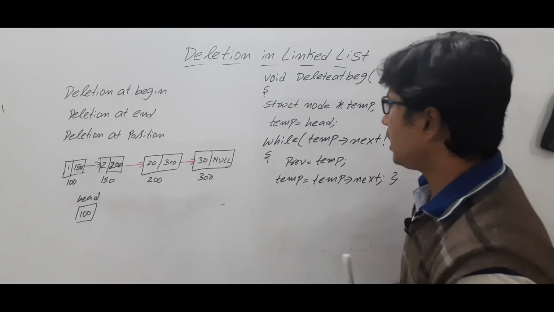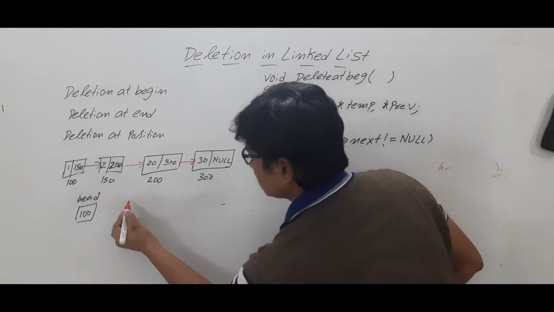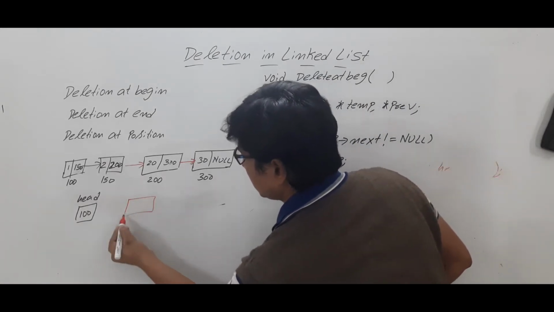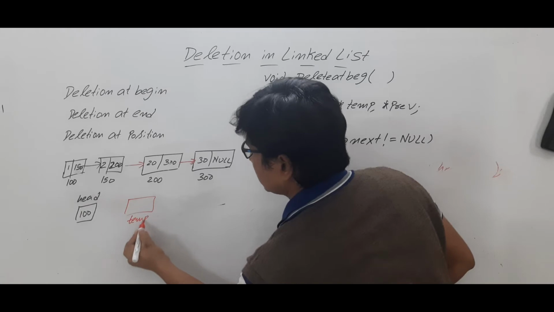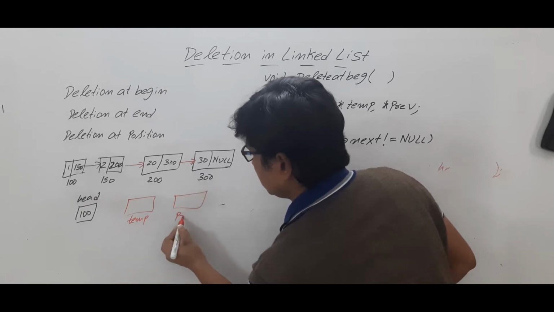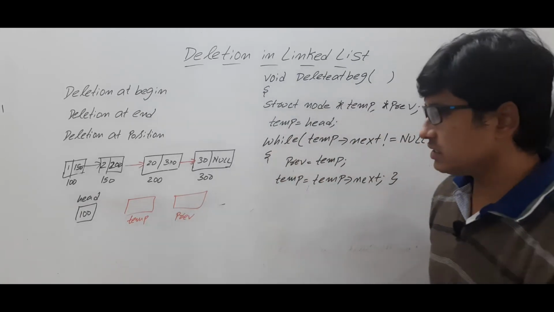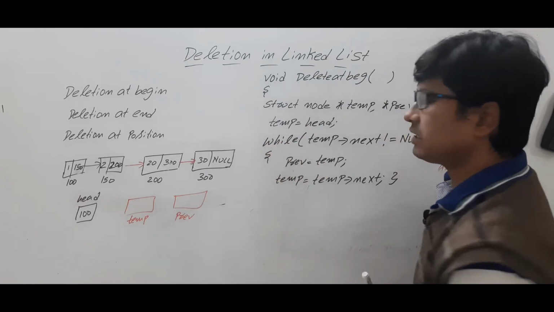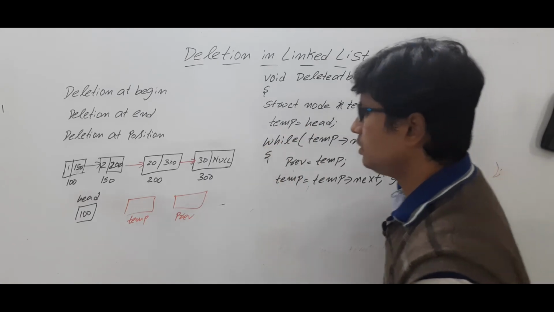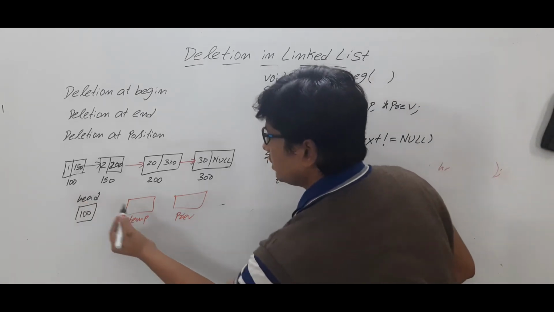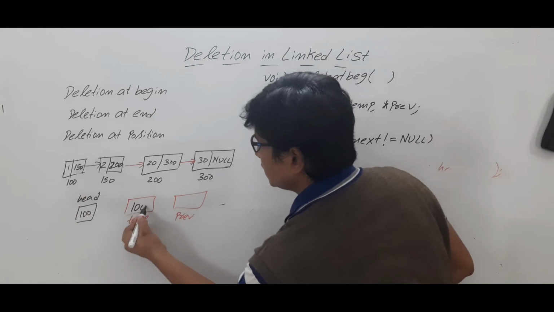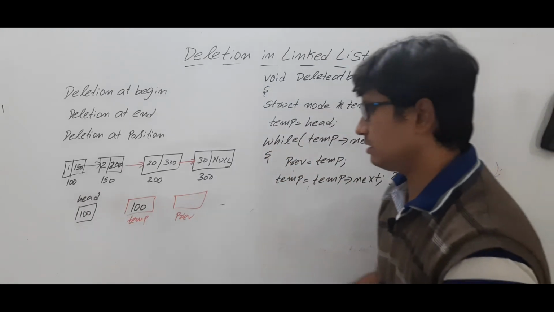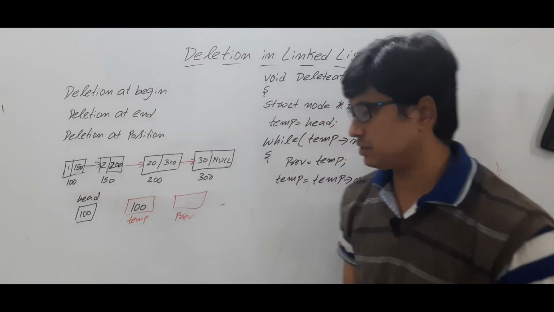Look here, we have taken two pointers, one is temp and another one is previous. Is it clear? Are you able to understand it or not? I have assigned temp is equal to head. So the address in head is 100, so temp also has the address 100, which is pointing to the first node.